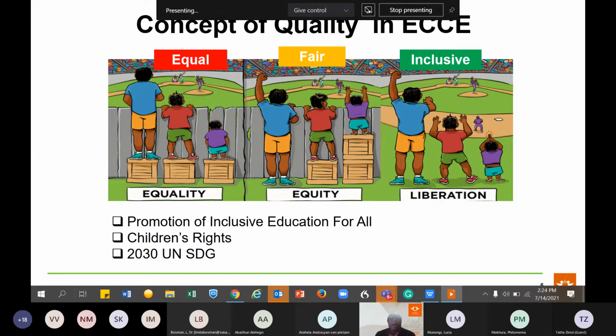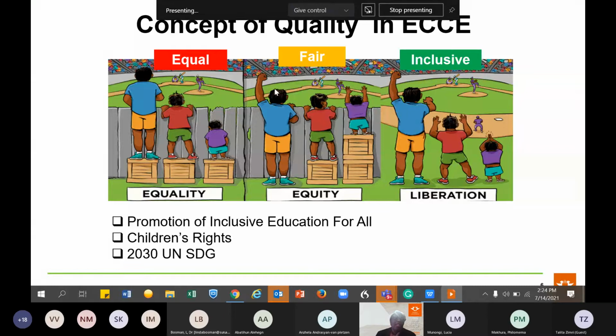And therefore, my argument, or our argument, is that if we want to really look at the concept of quality in education and care for children, we need to think carefully: what do we mean by equality, equity, and liberation? When we talk of equality, we always say it means we are all equal.